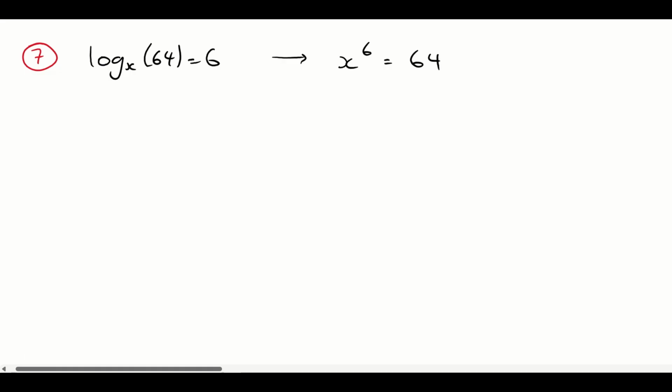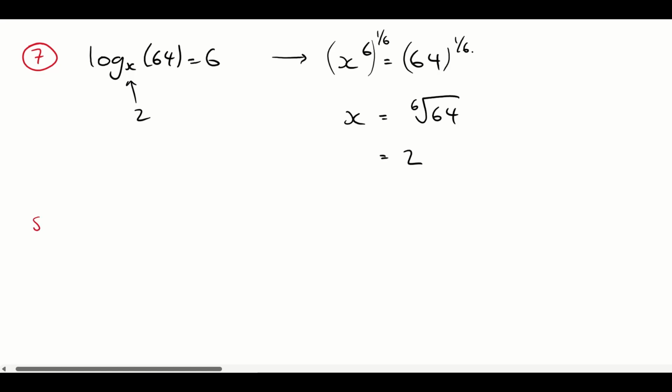To isolate this x term, what if I raised both sides to the power of a sixth? Then 6 times a sixth is just 1, so I leave my x here. And 64 to the power of 1/6, I'm looking for the 6th root of 64. You can take some time to think about it, but the 6th root of 64 is just going to be 2. So x would be equal to 2.